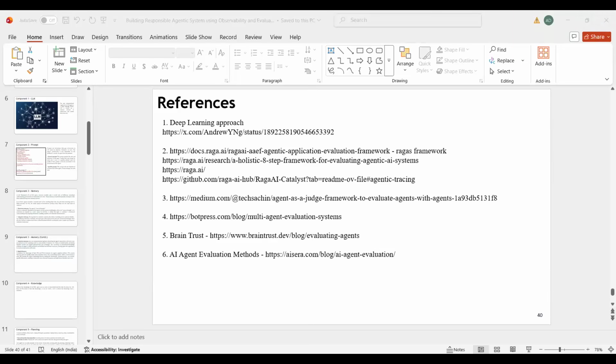Thank you, ma'am. There is another query: is there any differentiation between the subscription and non-subscription versions of GPT and other LLM models? Yeah, definitely, because with a subscription, better LLM models are used in the background.